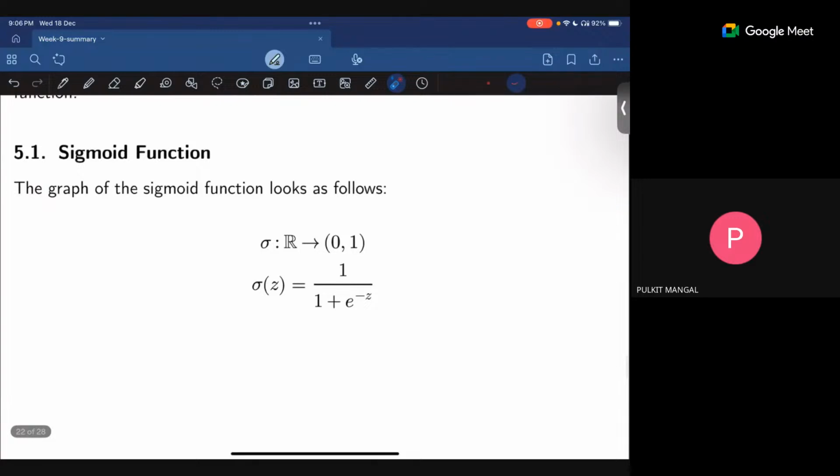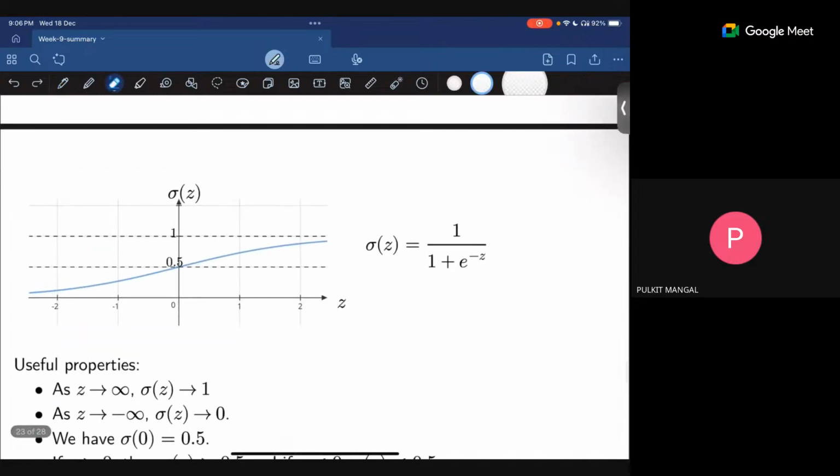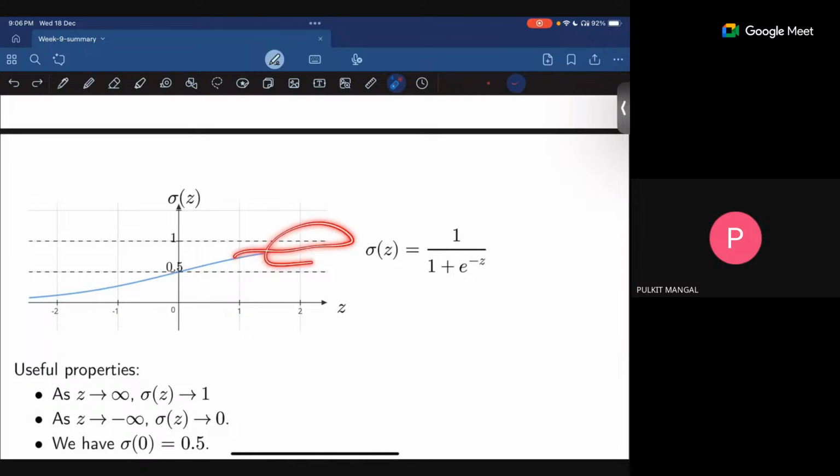Now we will first discuss more on the sigmoid function. One thing was that the sigmoid function lies between 0 and 1. Look at the brackets here, it's small, so that means 0 and 1 are not included. So don't touch 0 and 1. It won't touch 0 and 1.